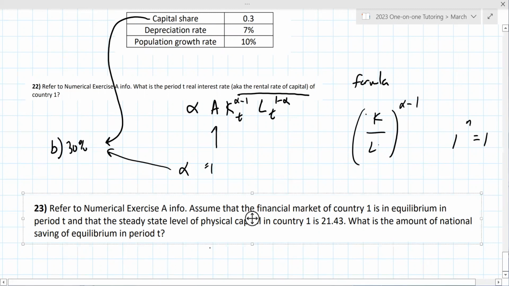And we've said a couple times here that national savings is private savings plus public savings.